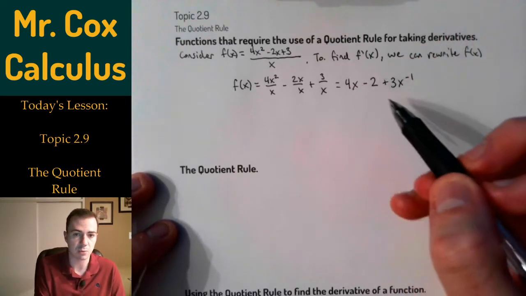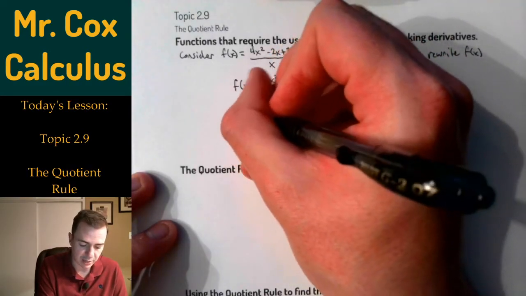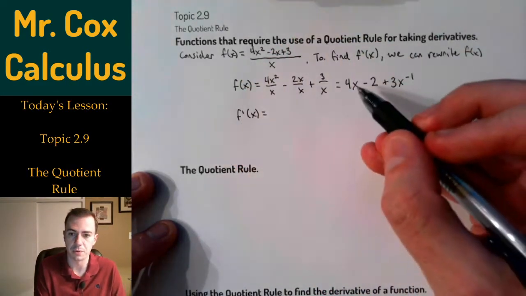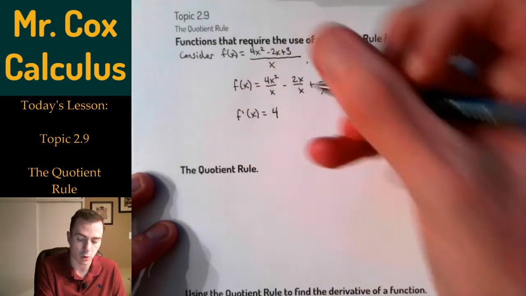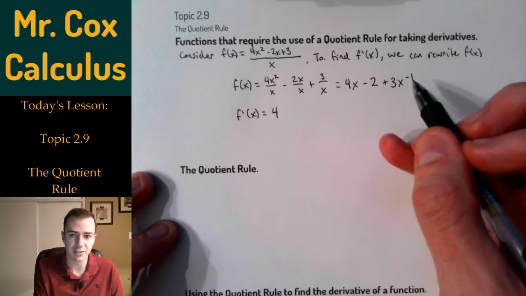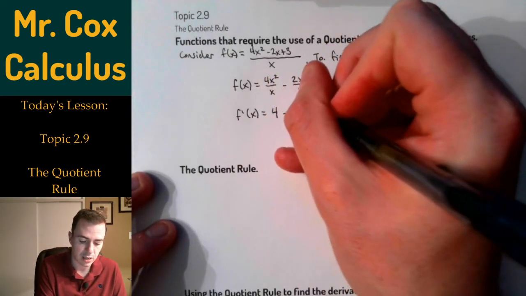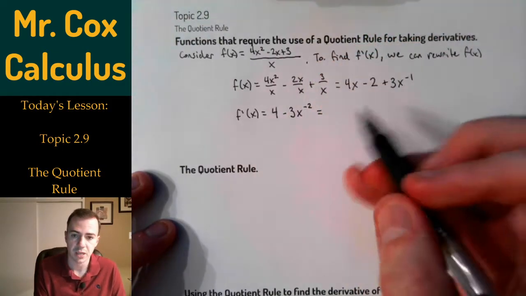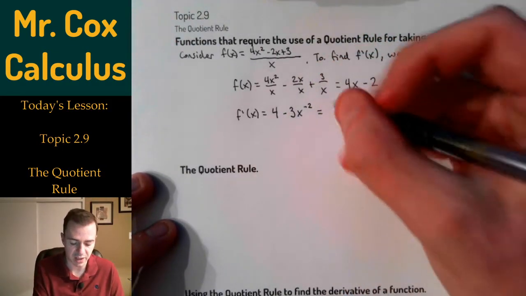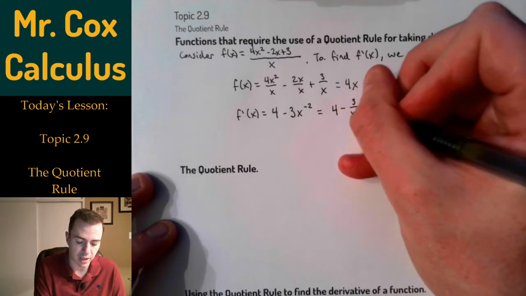And now I can take the derivative of this pretty easily. f prime of x is equal to, well, the derivative of 4x is 4. The derivative of minus 2 is 0. And the derivative of this, if I take the negative 1 times 3, that's minus 3x to the minus 2. And so if I rewrite it without negative exponents, I get 4 minus 3 over x squared.